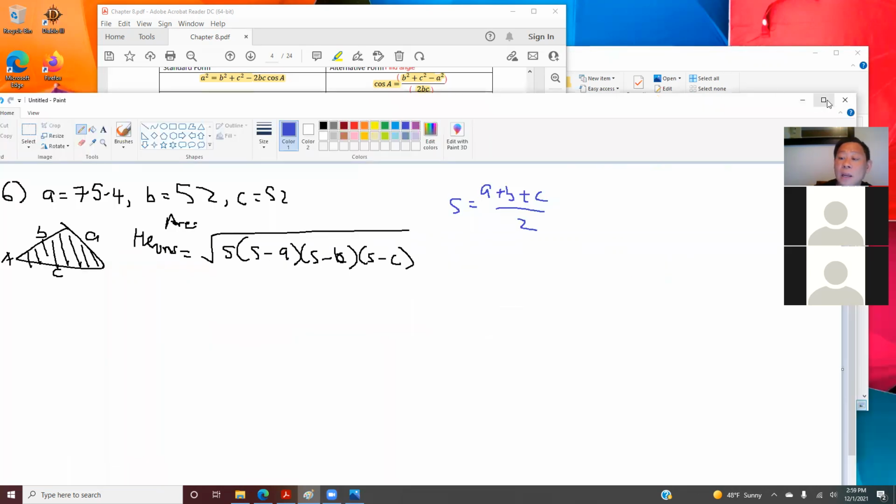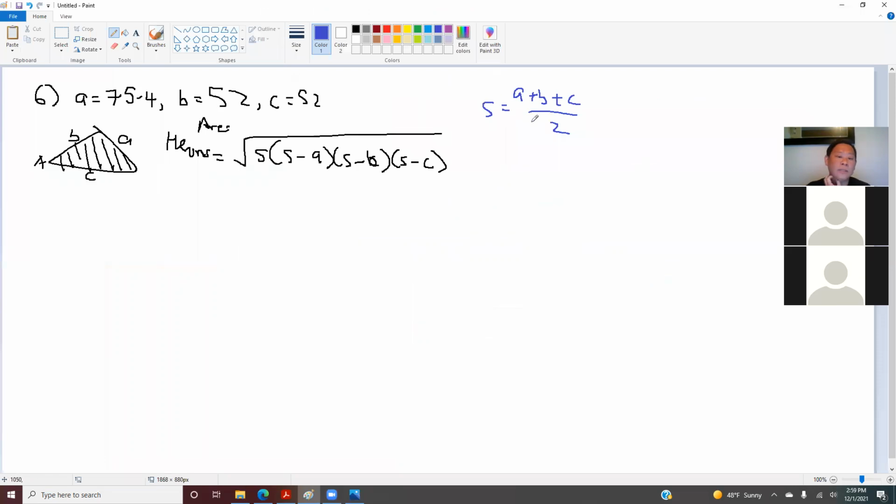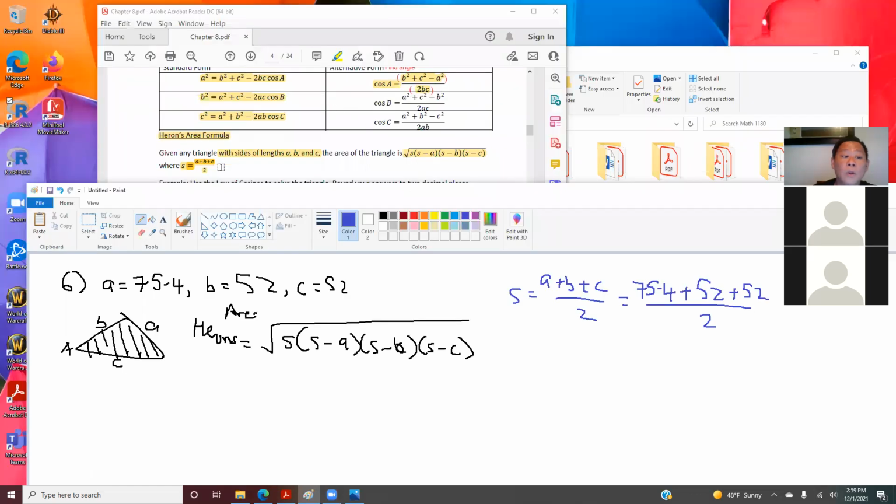So first, find the value of s. You just take these values and put them back in here. So a is 75.4 plus b is 52 plus c is 52, and you divide this by 2. Don't forget the formula is divided by 2, not 3. A lot of students think like an average, oh, 3 of them, so I divide by 3. This is divided by 2.